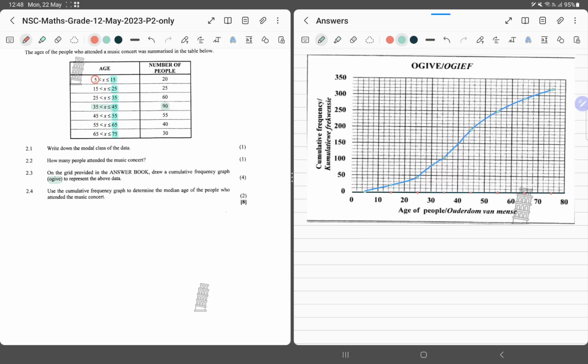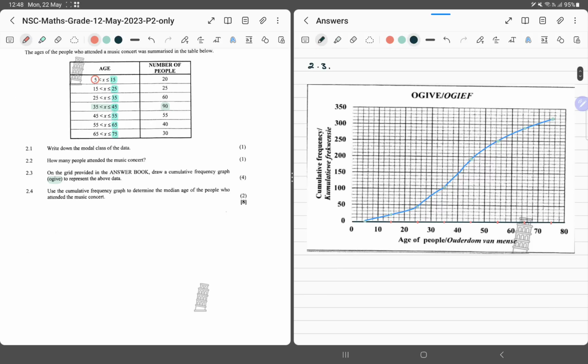We've done our ogive, we get our 4 marks. So what is important here? How do you get the 4 marks? Of course, the shape of our ogive is what gives us the marks, right? And then the x-axis, of course, those little marks there, you know where we had to do it is where the marks come from.